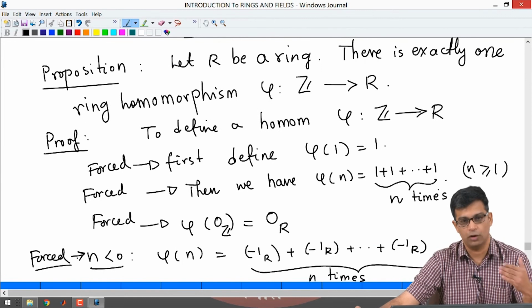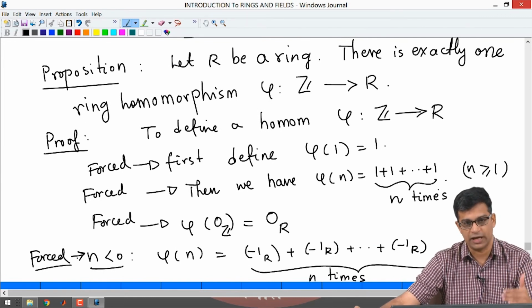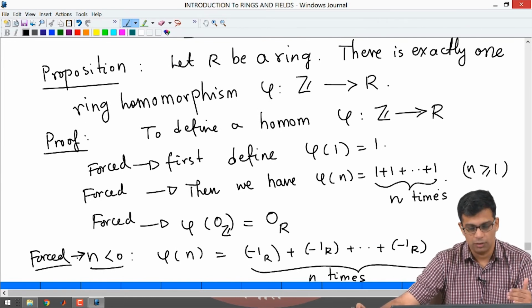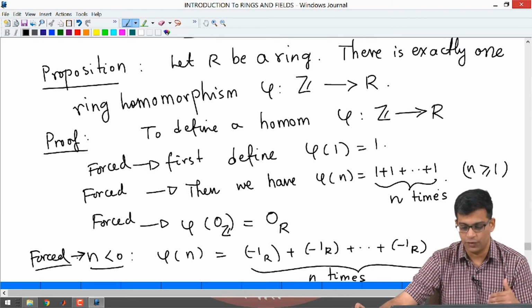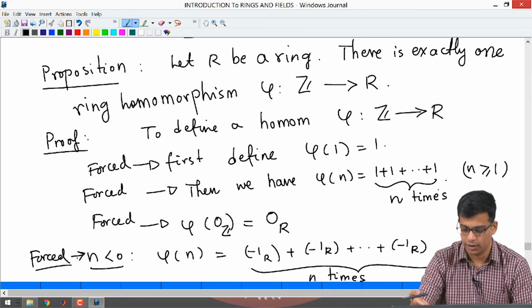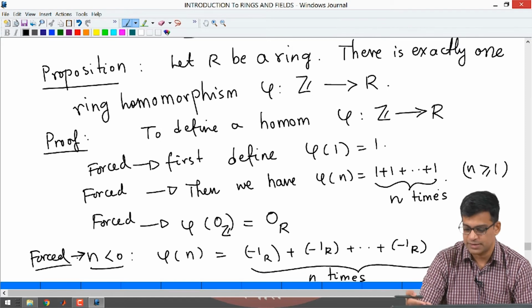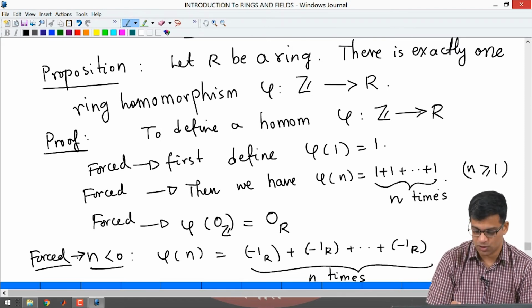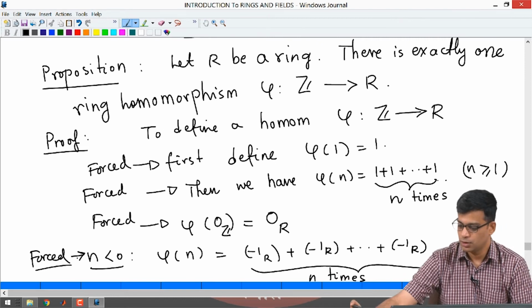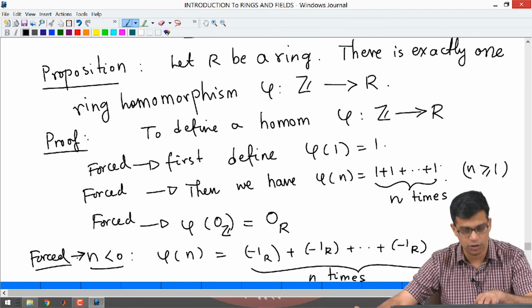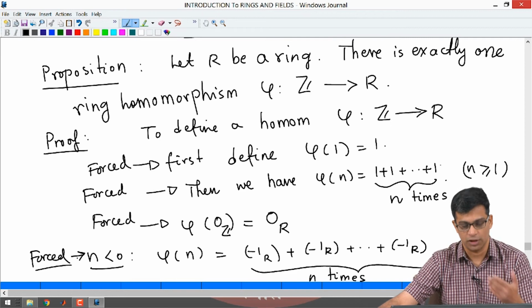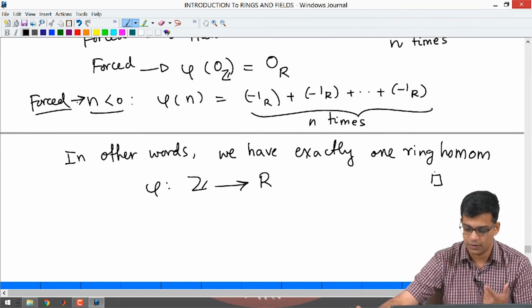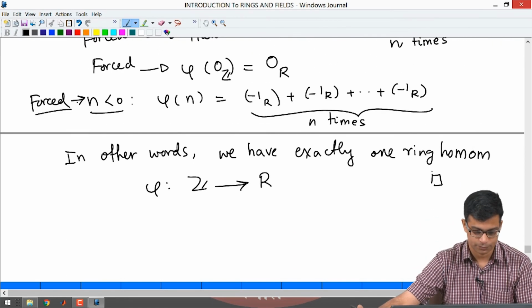I have defined a ring homomorphism and at each step I showed you that there is no choice. We can't send 1 to any other element, 1 has to go to 1. We can't send 2 to any other element, 2 has to go to 1 plus 1, 0 must go to 0, minus 2 must go to minus 1 plus minus 1. So, there is no choice and this particular choice gives you a valid homomorphism. In other words, we have a ring homomorphism and we have exactly one ring homomorphism.